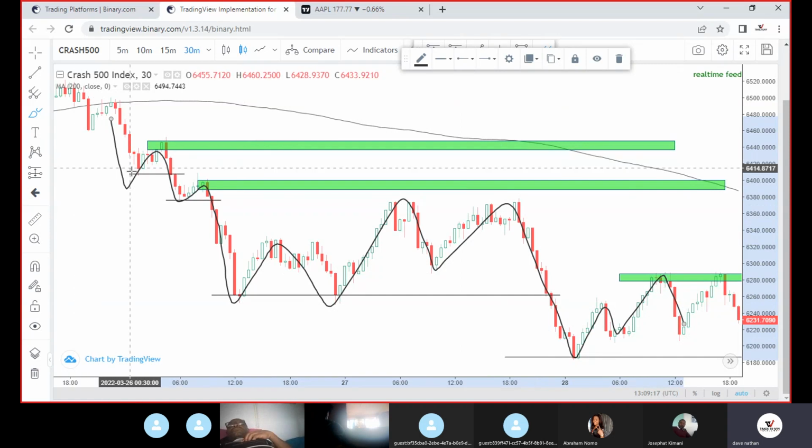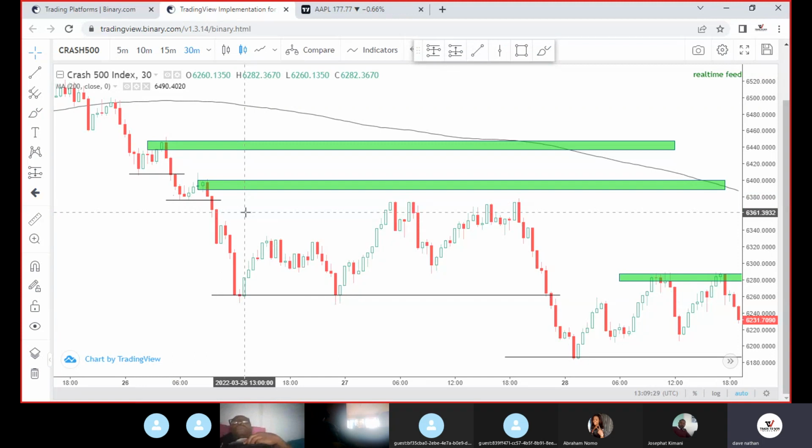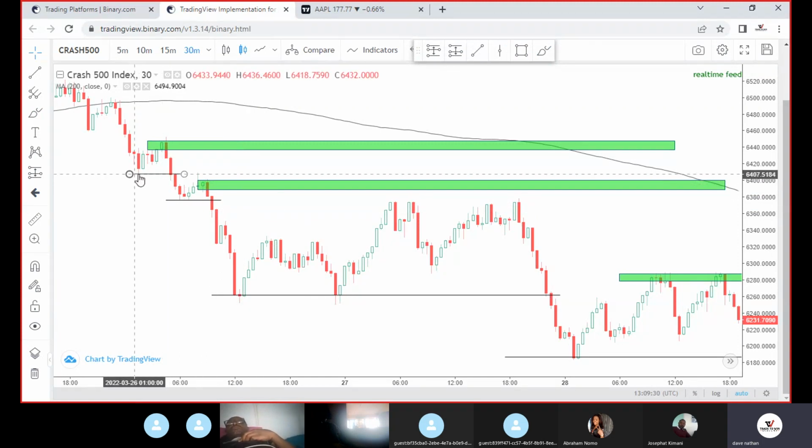This support, we have marked it at this point. This support, we have marked it at this point. So let's delete. You can see how I clearly marked the support that was broken by this impulsive move, and then how I have circled the other block at this point.